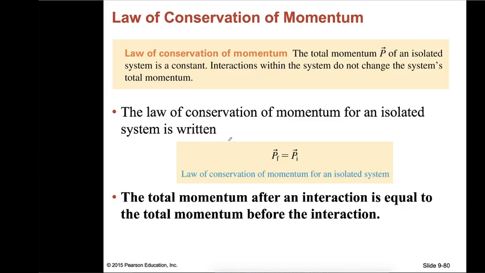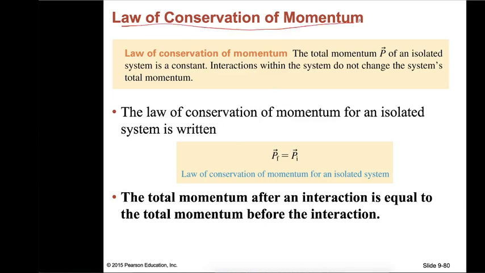The law of conservation of momentum states that the total momentum P of an isolated system is constant. Interactions within the system do not change the system's total momentum, or P final equals P initial. The total momentum after an interaction is equal to the total momentum before the interaction.